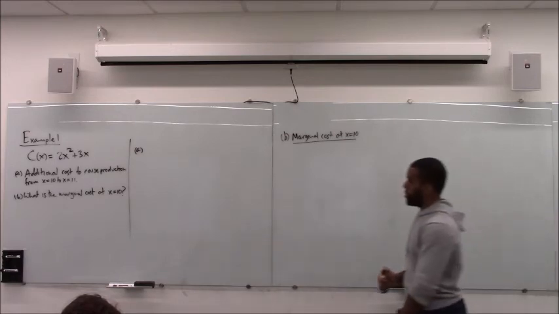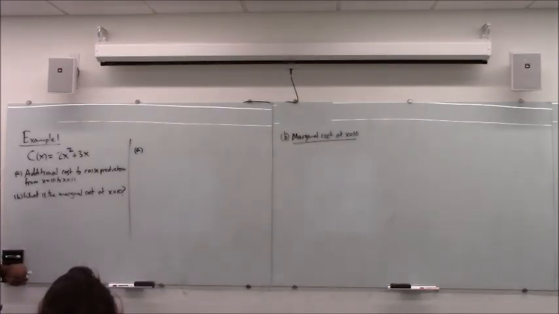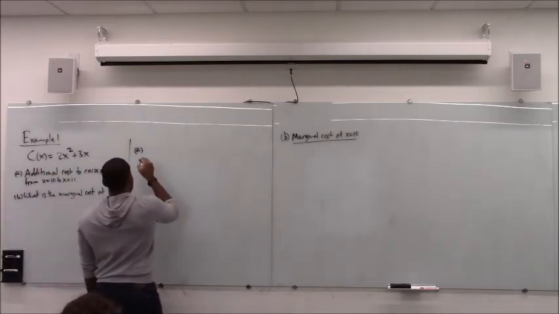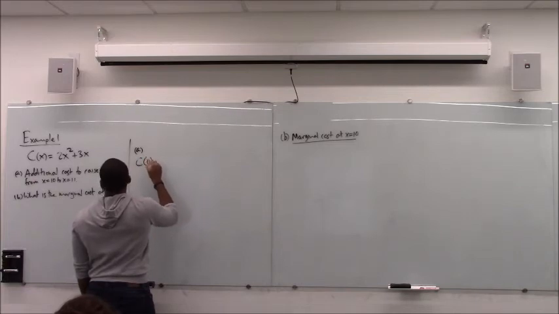All right, let's do the first one. Additional cost, go from 10 to 11. What is that asking? Yeah? You should plug in 11, plug in 10, find the difference. Right. So that I can find C of 11.